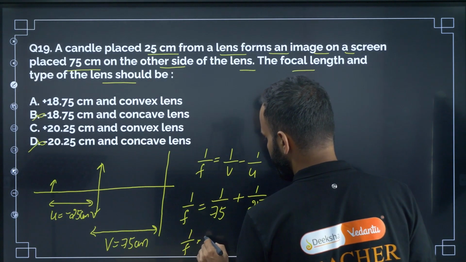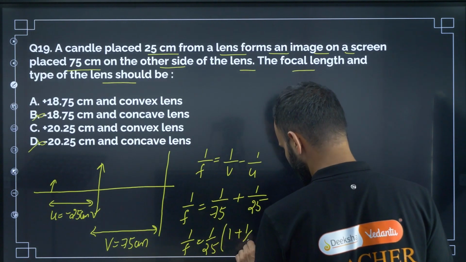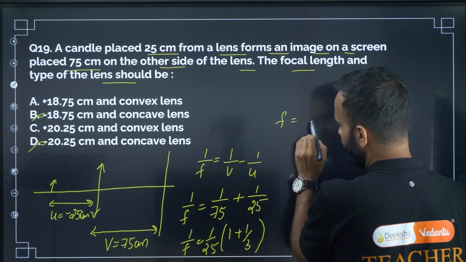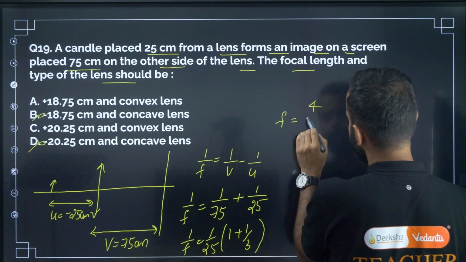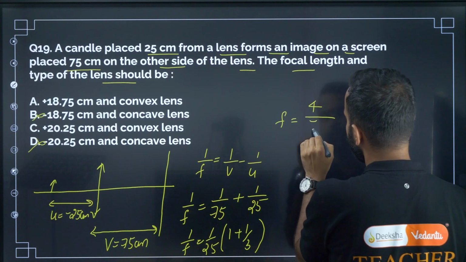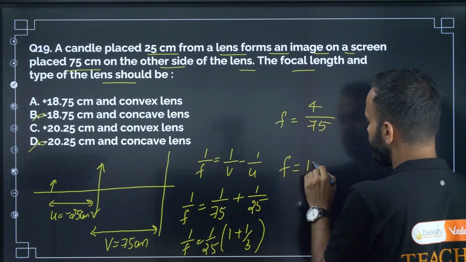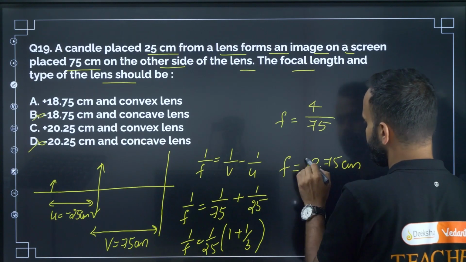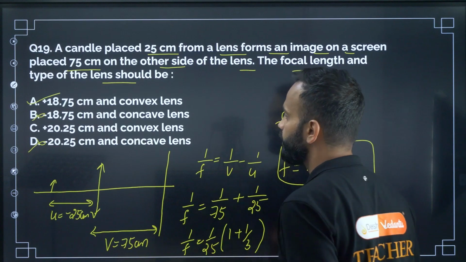So 1 divided by f is equal to 1 divided by 25 into 1 plus 1 by 3. 1 plus 1 by 3 is 4 by 3, so f is equal to 4 divided by 3 into 25, 75, right? You solve this, you will get 18.75 centimeter. So option A is the correct answer.